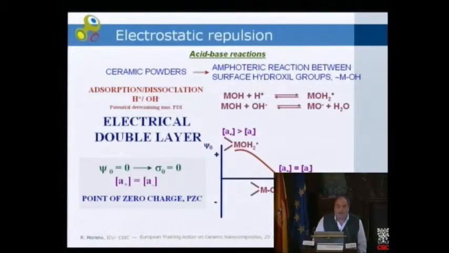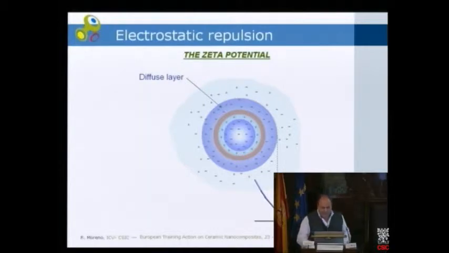So, at this point, particles have no double layer and tend to attract each other, and we have free van der Waals forces to act. So, this point determines the worst conditions for dispersions. At this point, all the suspensions coagulate.